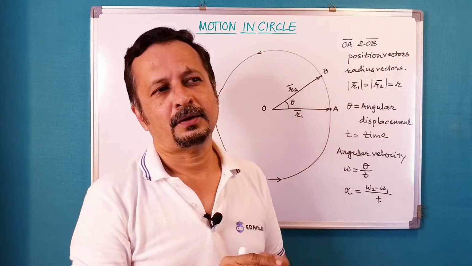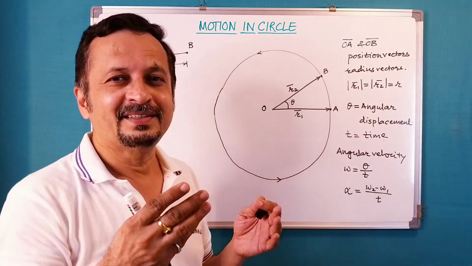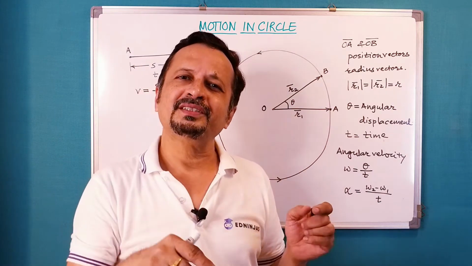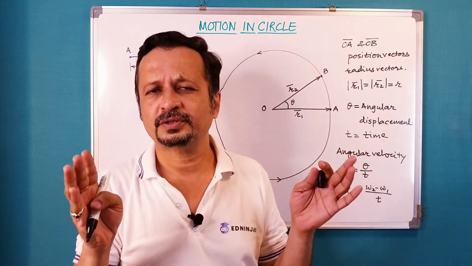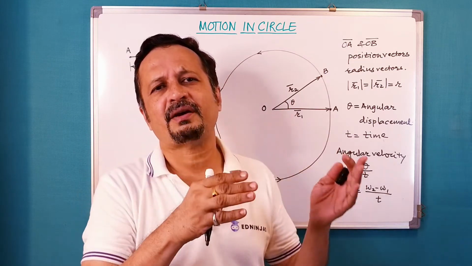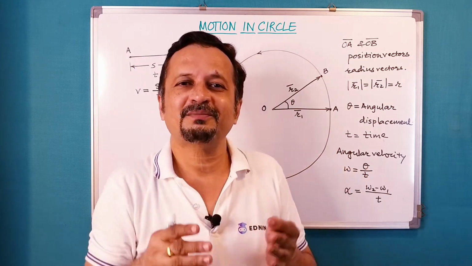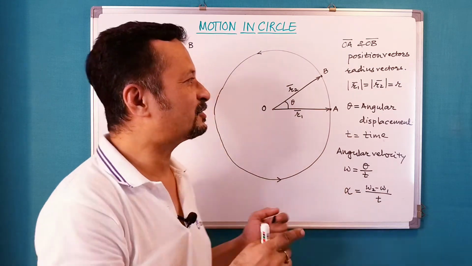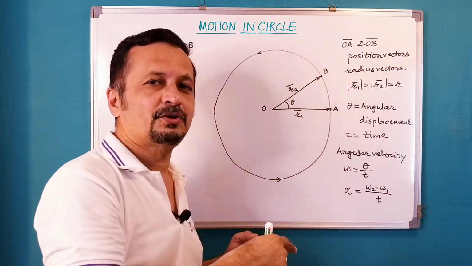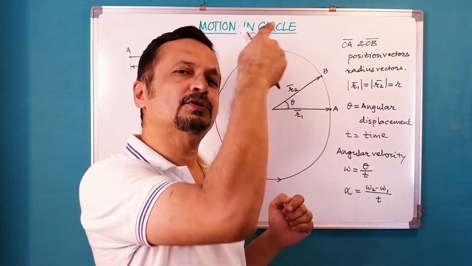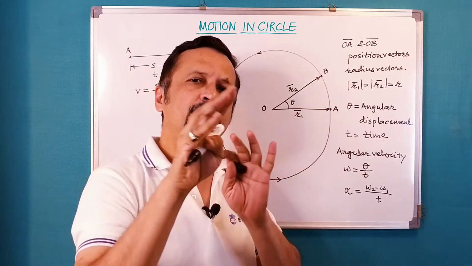Correct. Now as I said some time back, this circular motion is a special case of translational motion. That means there is going to be some distance traveled, some displacement, and some velocity, because in uniform circular motion this particle is traveling along the circumference of the circle with uniform speed.